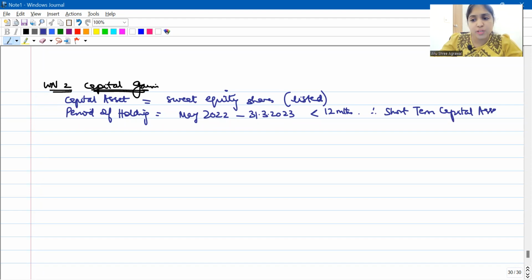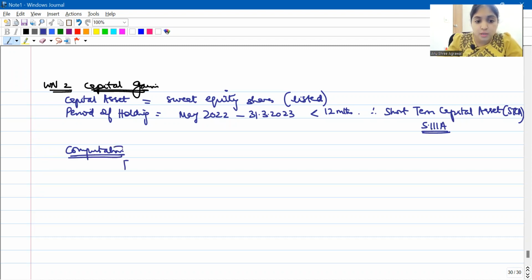Short-term capital asset, which section will apply over here? Will it be 111A or will it be normal rate STCG? It is listed equity shares. STT paid at the time of transfer. It's going to be section 111A STCG. Now we'll start off with the computation. How do we do the computation? First of all, what is the full value consideration? For how much are we selling away the shares?